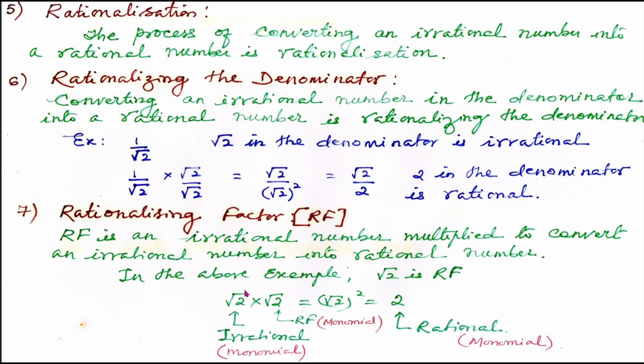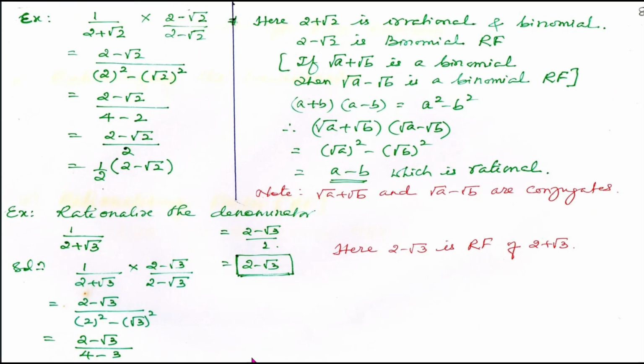But understand here, root 2 is a monomial, that is, the given irrational number is a monomial. The rationalizing factor is also a monomial, and when we multiply we get a rational number, and this is what is called the process of rationalizing an irrational number. Now in case the denominator has two terms, that means it is a binomial. We have 2 plus root 2, which is irrational, in the denominator.